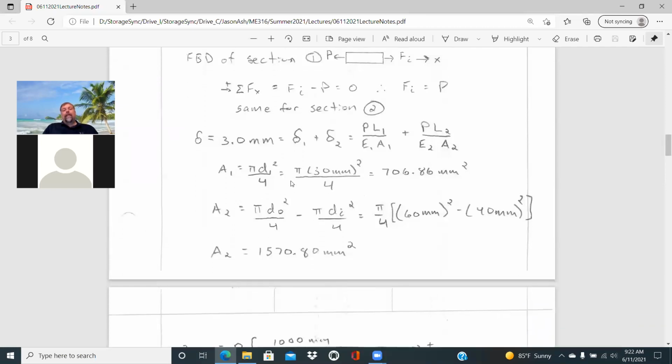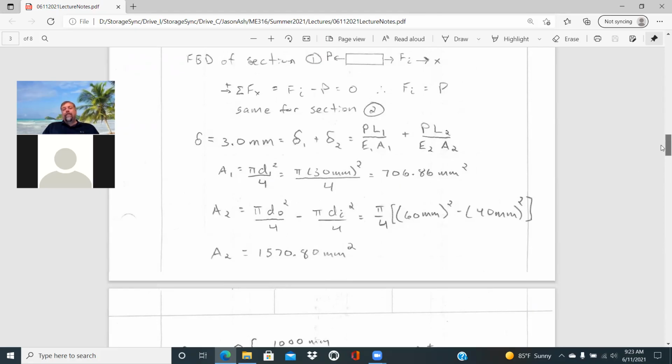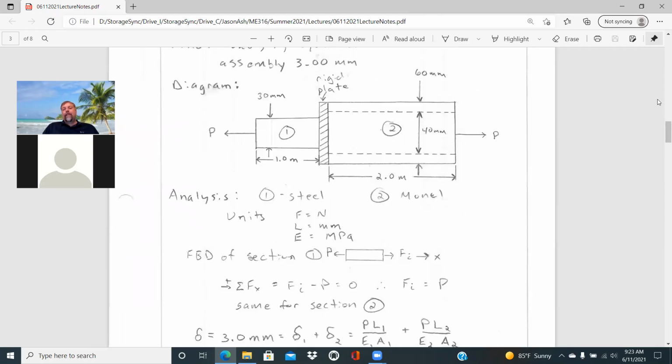We can calculate the cross-sectional area of each section. Remember, pi r squared, where r is the radius. If we plug d over 2 in for the radius, that becomes pi d squared over 4. And so the area of the steel is pi times 30 squared over 4, a little over 706 millimeters squared for the first section.